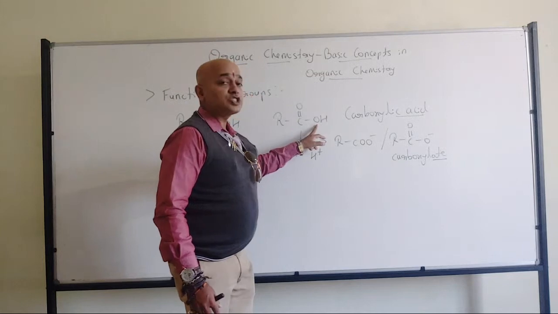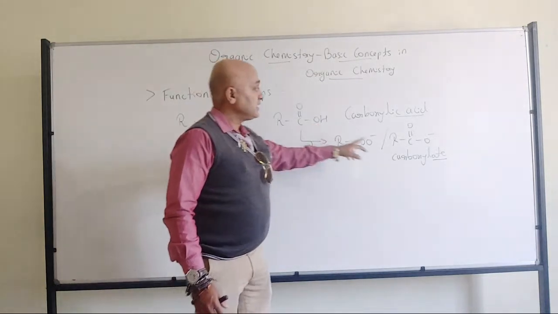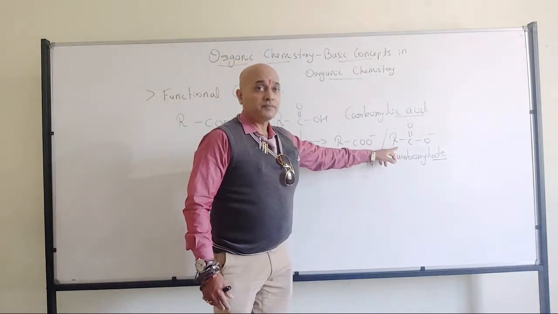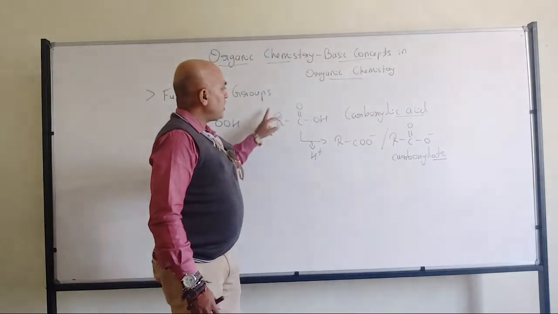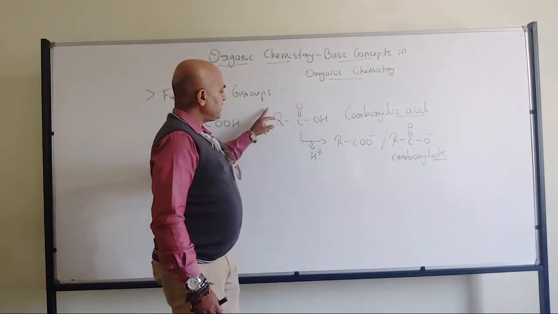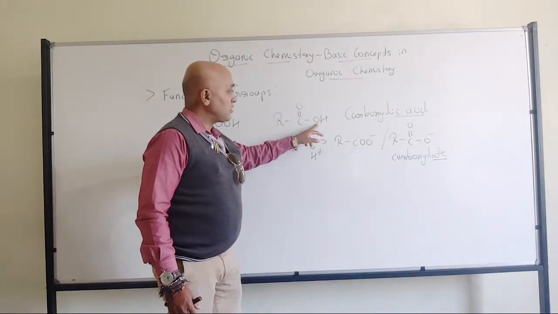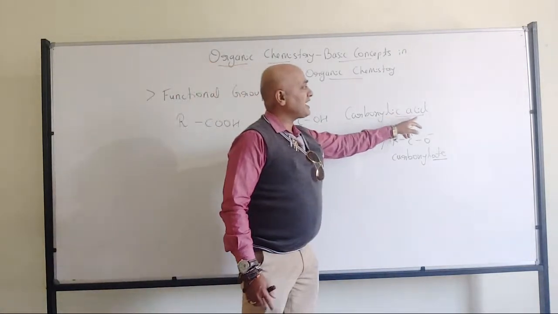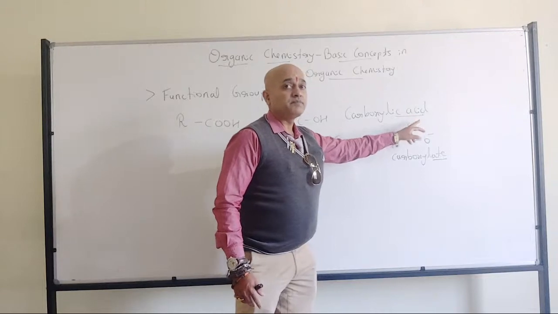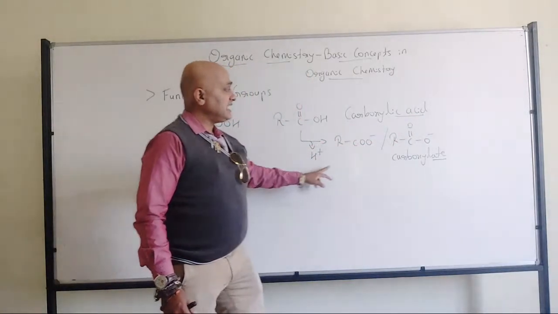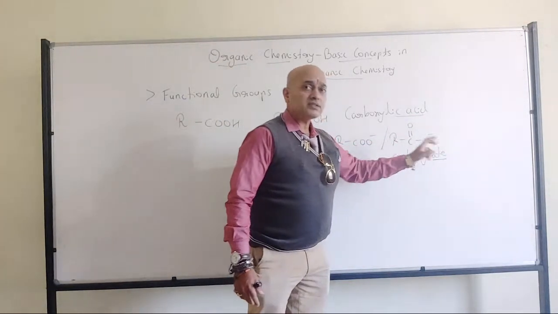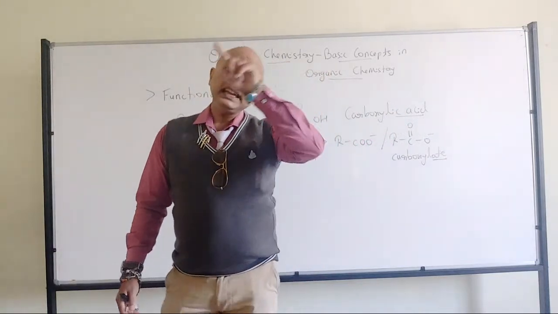So this is no charge, non-ionic form. So this is ionic form. Whenever the carboxylic acid is intact, where H plus is not released, it is called carboxylic acid. Once the H plus is released, it will be called carboxylate, ending with ate.